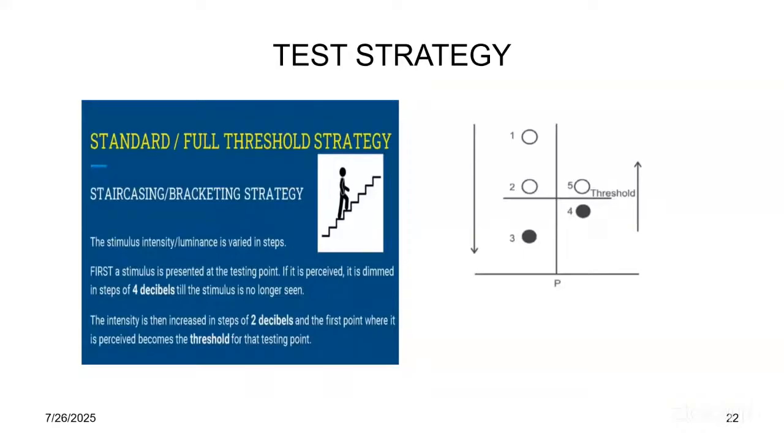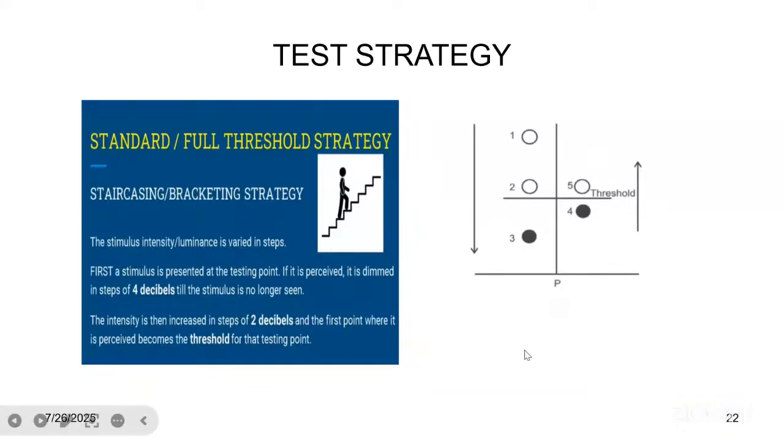The disadvantage of this is the fact that it takes more time, and this test needs maximum cooperation and attention of the patient. Using a full threshold strategy in a patient that is not paying attention might not yield the right results that you want. And so there are other faster test strategies that have been developed.